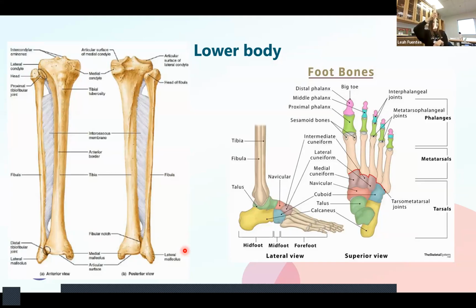So you want to hold it anteriorly and look for the medial malleolus. Where should this be in your body? Towards the what? The middle. Yeah, so this should be towards the middle. So you'll just hold it to the bottom of your leg. So this is going to be my left tibia because of the medial malleolus. If I try to put it on my right, this is in the way of the fibula's lateral malleolus.